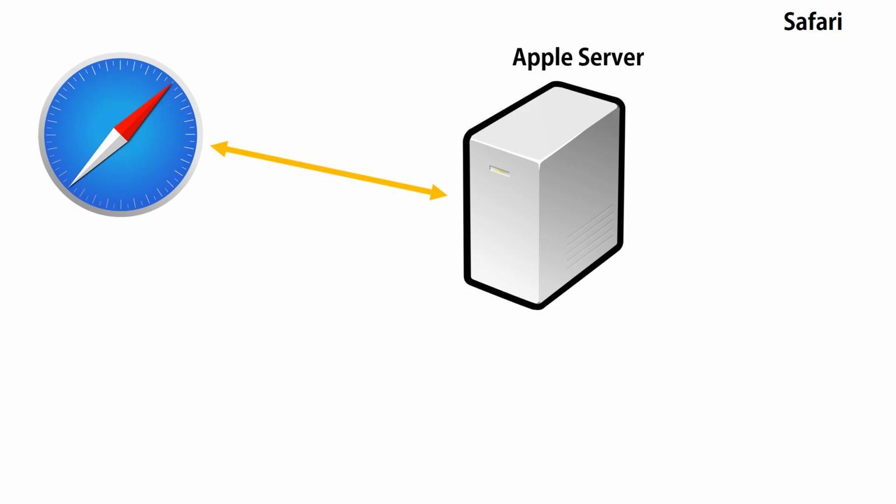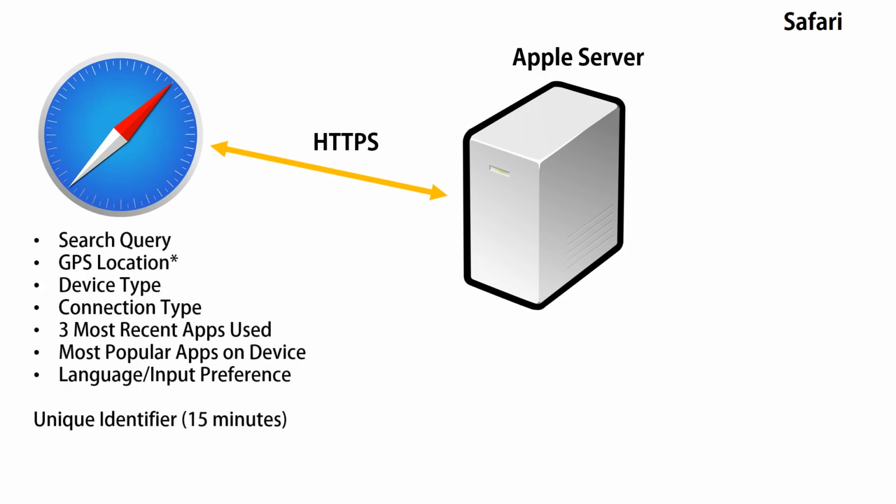And finally, we can talk about Safari. Safari communicates with the Apple server, especially when you search for something in the search bar. It communicates over HTTPS, and the data that Safari shares with Apple is absolutely staggering.